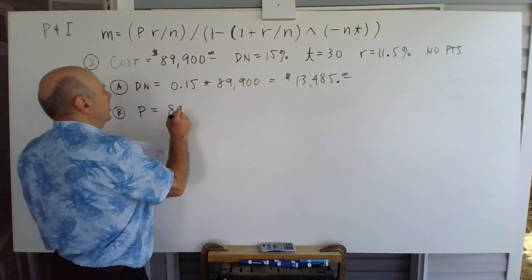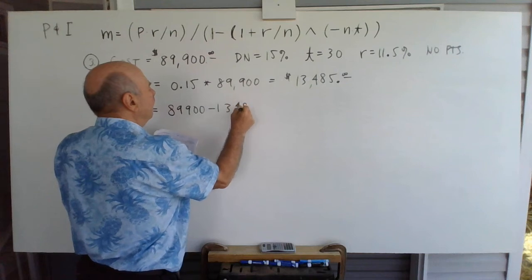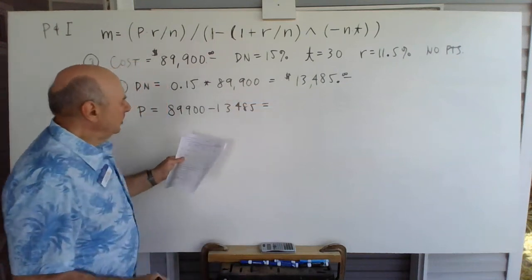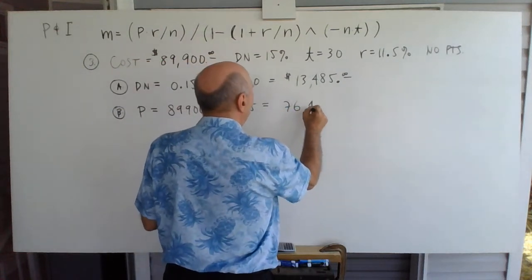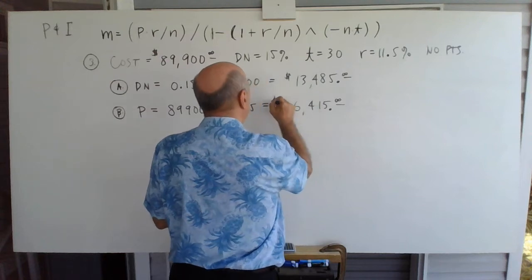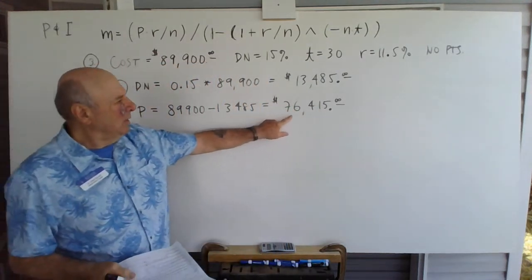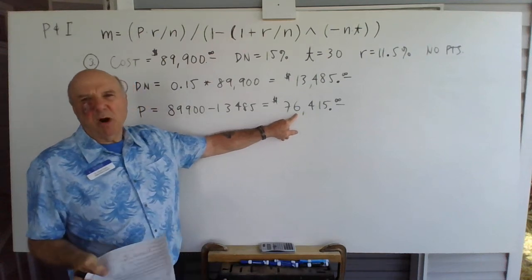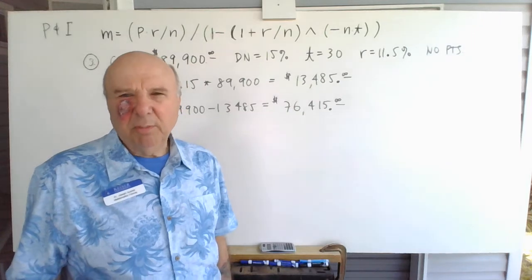So it's the cost minus the down. So when you subtract, you get $76,415. So the cost minus the down payment gives you the principal. This is what you're borrowing from the bank. This is your principal. So what's the monthly payment?